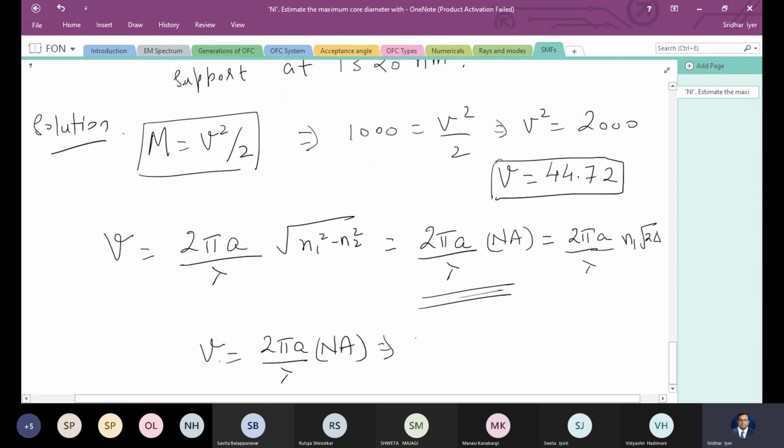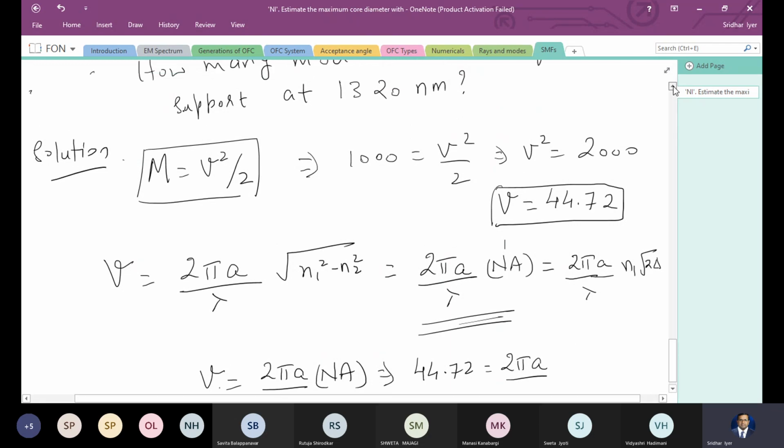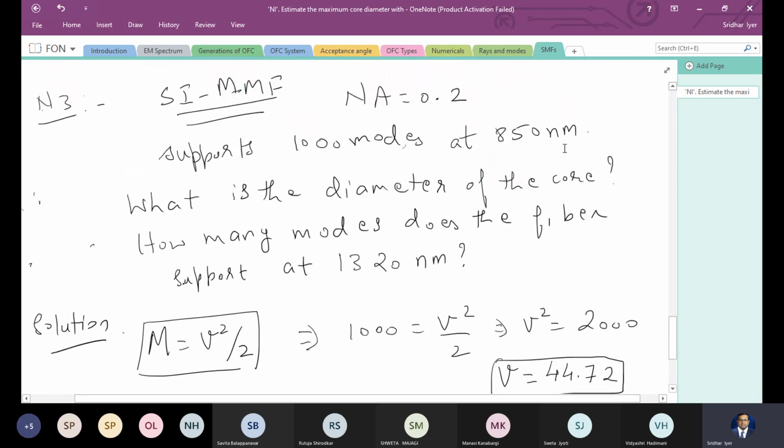So this implies the value of V, which is 44.72, which we found out before, is equal to 2 pi a divided by the operating wavelength, which is given to us, which is 850 nanometer. Please don't confuse the operating wavelength as 1320 nanometer. That is the second part of the question.